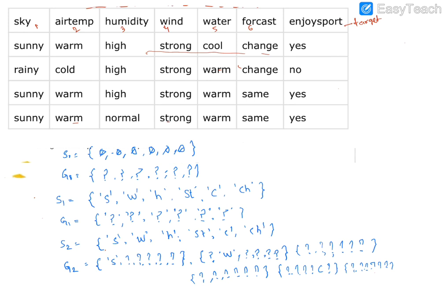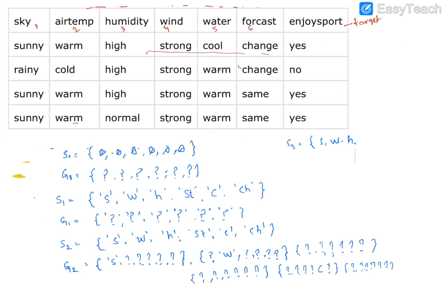So this is about S2, and now I am going with S3. S3 is positive data, so we have to change in the S3 only. So what do we have to do? Sunny as it is, then warm as it is, and high as it is.